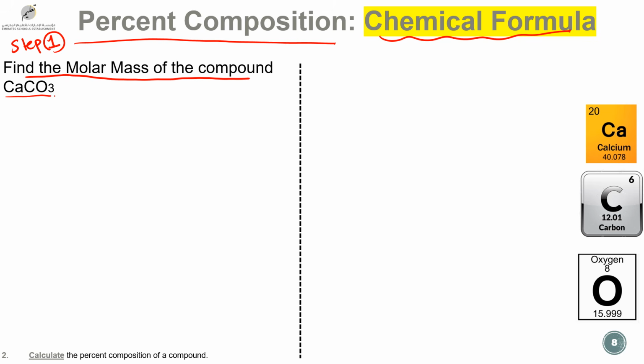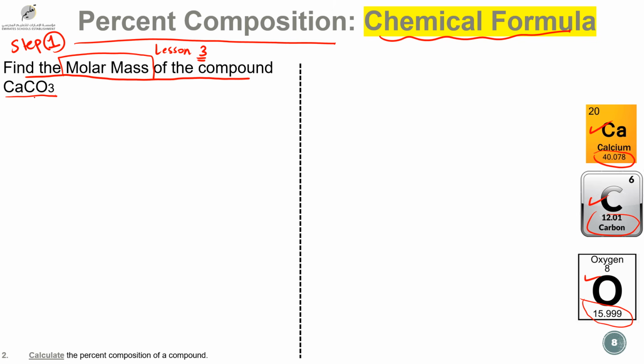For example, CaCO3. Of course, finding the molar mass, we already saw it in lesson 3, molar mass of compounds. So that part should be easy for you now, because you have the molar masses of calcium, of carbon, and of oxygen. How do we do it?